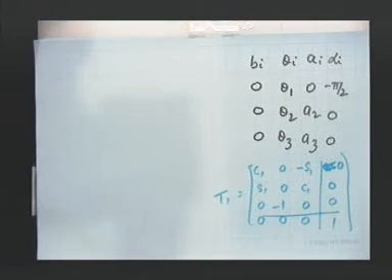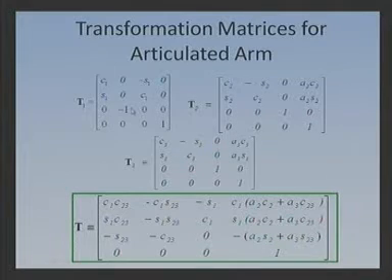Now, I will show you the expression of T1 from today's lecture. You see this is my T1 here: cos theta 1, sin theta 1, 0, 0, 0, 0, minus 1, 0, minus sin theta 1, cos theta 1, 0, 0, then 0, 0, 0, 1.